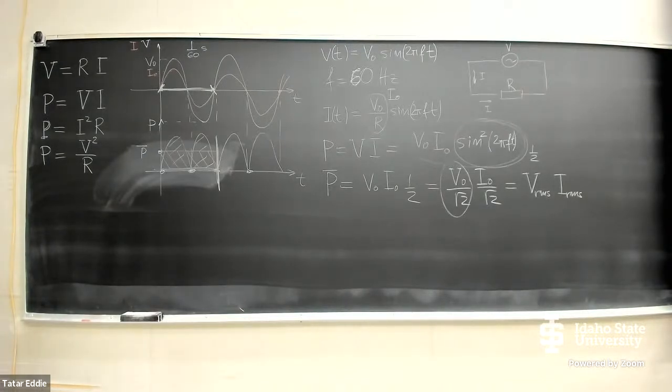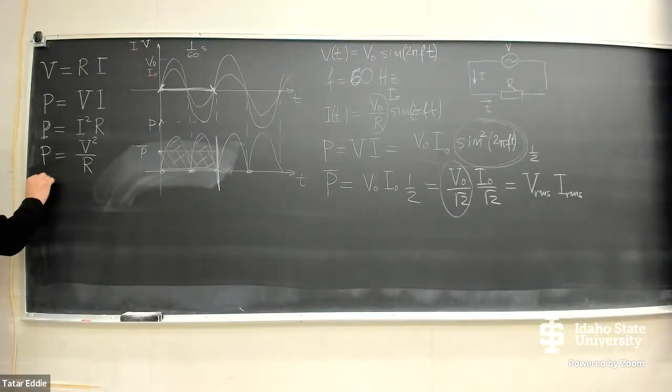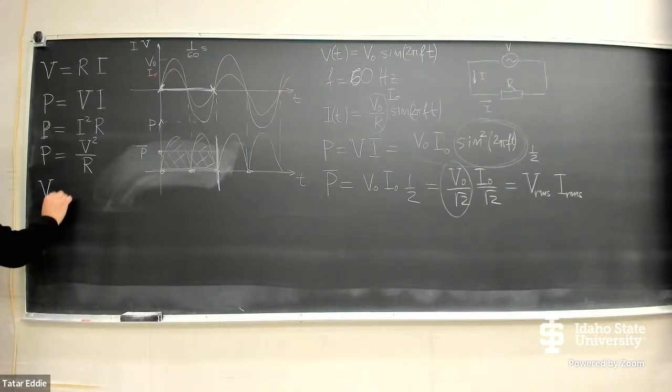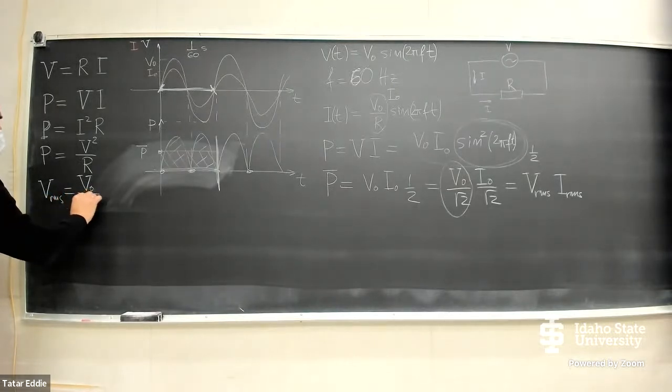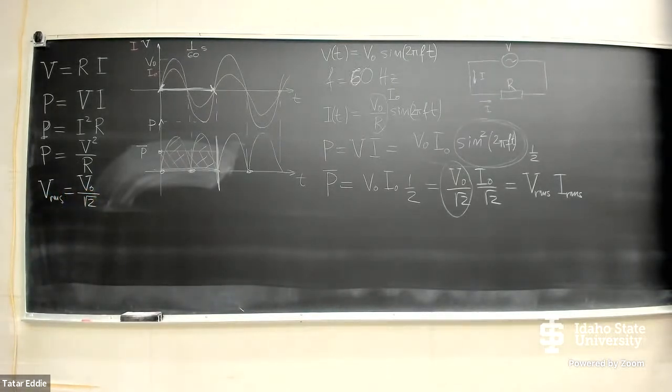In other words, a formula to keep in mind is that anything's RMS value is equal to the amplitude of that thing divided by the square root of 2. The same thing for RMS value of the current.